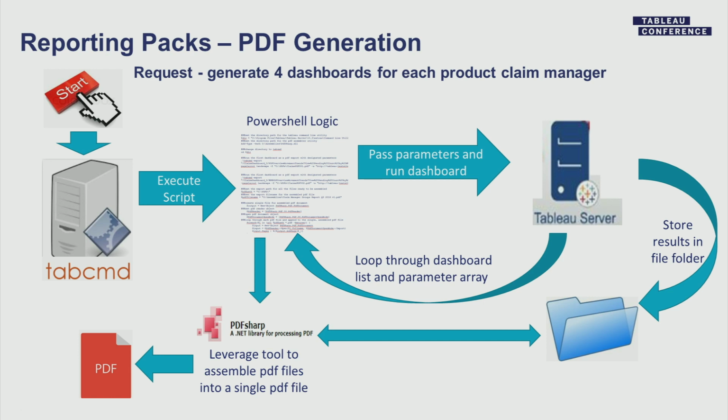There's probably other ones out there. But what this tool does for us is it takes all of the separate individual PDF files and appends them all into a single file. Right? So this is my single PDF file, and then I can do whatever I want with this. Stick it on a location somewhere on a website, send it in an email, et cetera, et cetera. Right? So that's generally how the flow works.